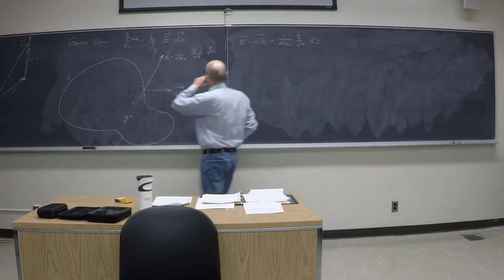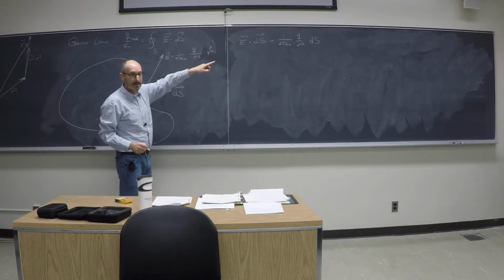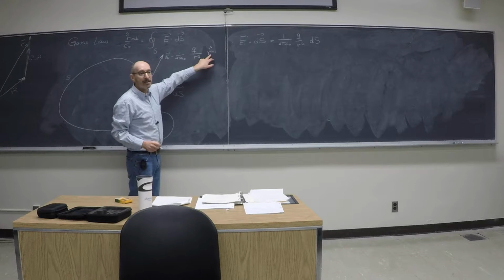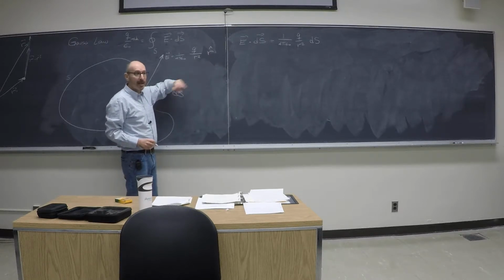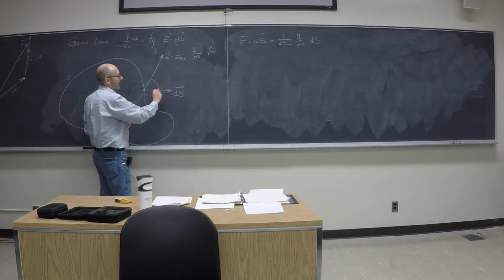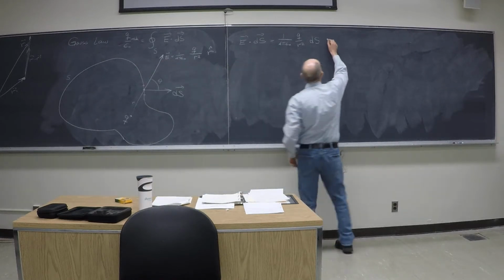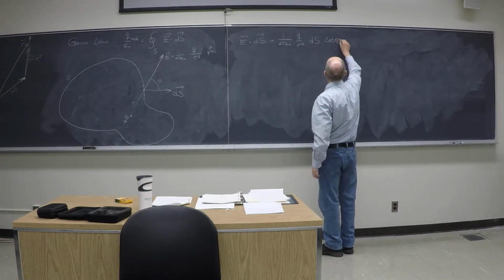So what I'm doing here is the magnitude of the vector ds, which I call ds, times the magnitude of this unit vector r, which is 1, times the cosine between the two. The cosine of the angle is this one, so that's the cosine of theta.